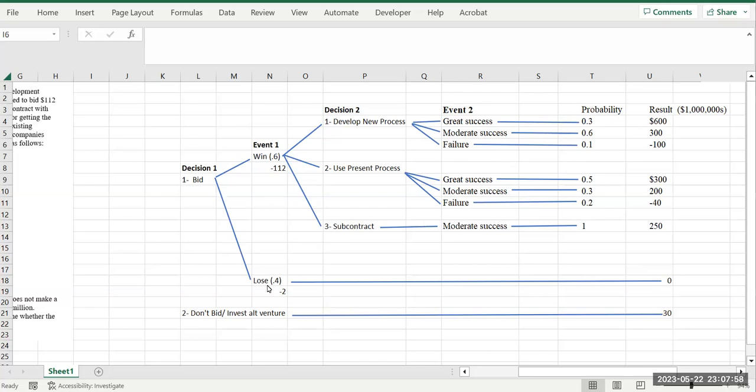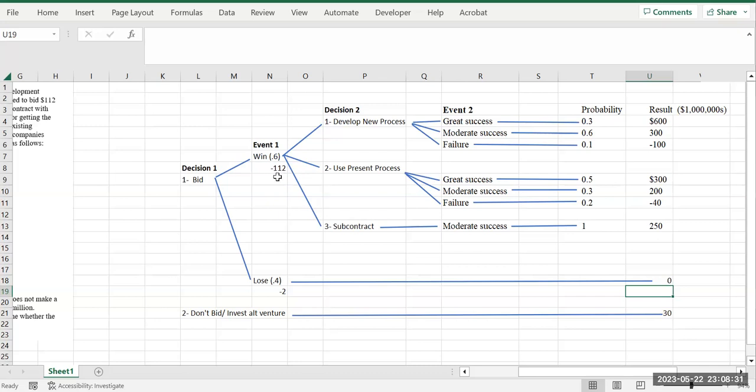But if the company loses, there's no revenue, but the company loses $2 million. I could have 0 and -2, correct? No revenue, but you have to spend $2 million just to participate and lose the auction.